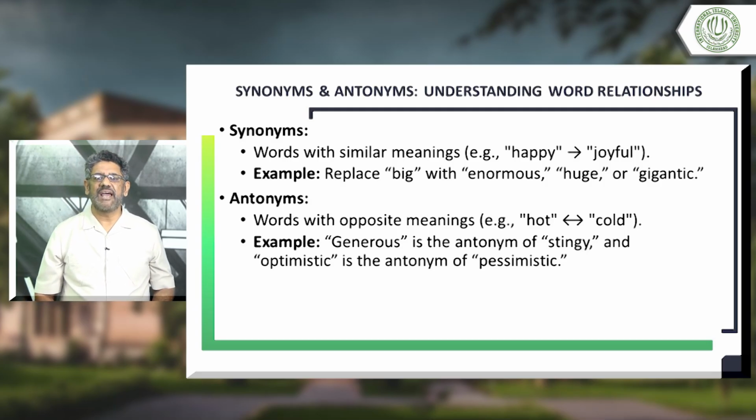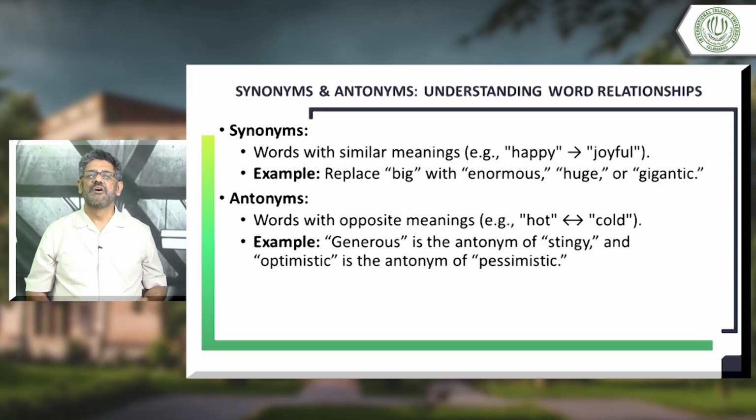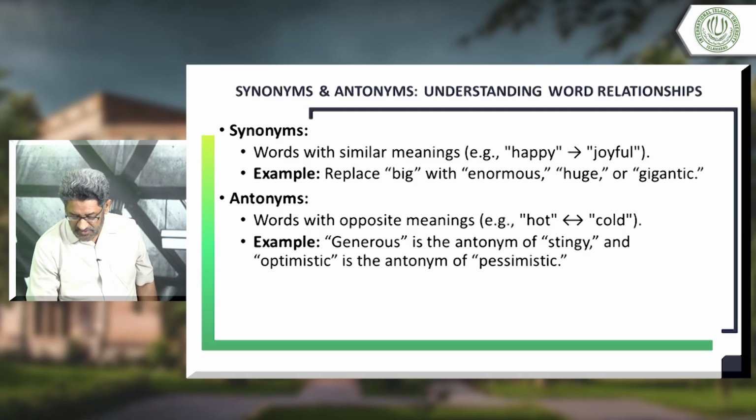Then antonyms, words with opposite meanings. Hot, cold, tall, short. Example, generous is the antonym of stingy, and optimistic is the antonym of pessimistic. So synonyms and antonyms also help you in learning vocabulary.